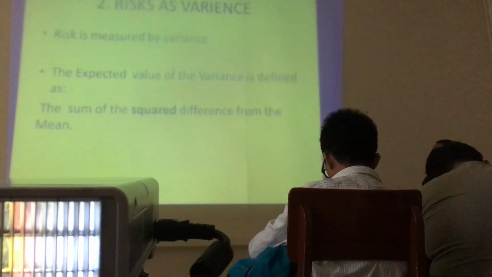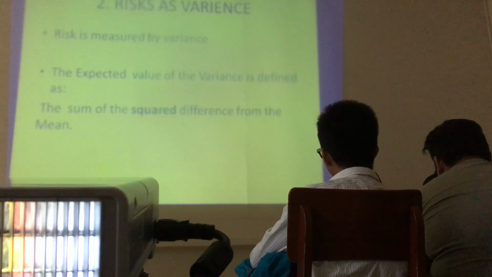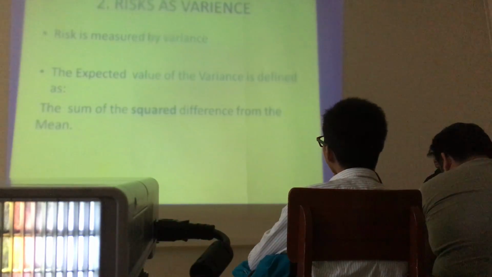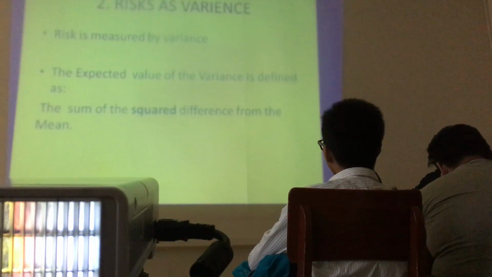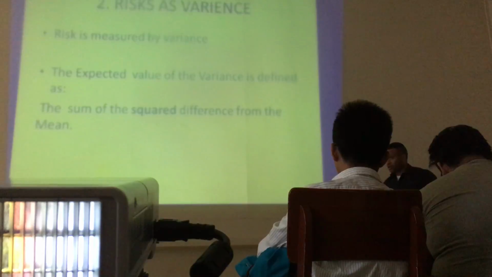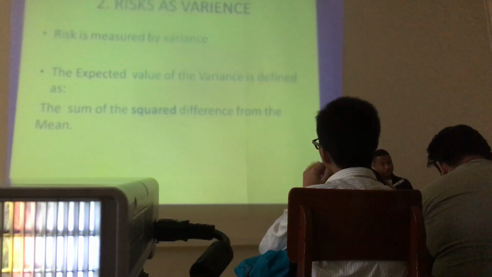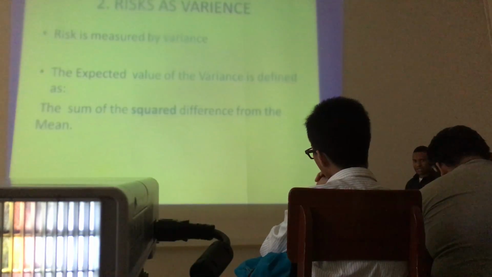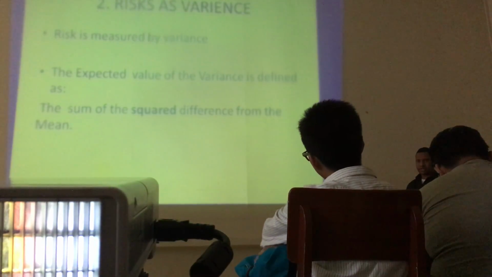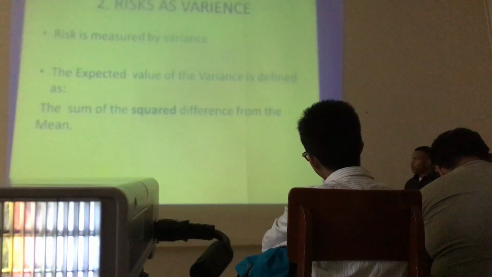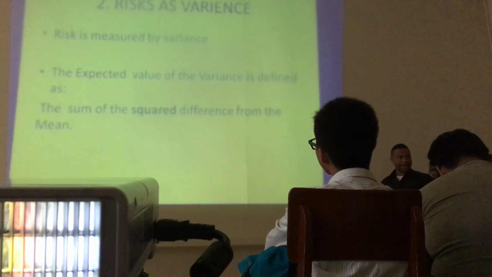That's what happened. So now we move on to risk as variance. This method right here is about measuring risk. Risk and variance will help us see how high the risk is in that business. When you use risk as variance, I think you know what variance is, right?